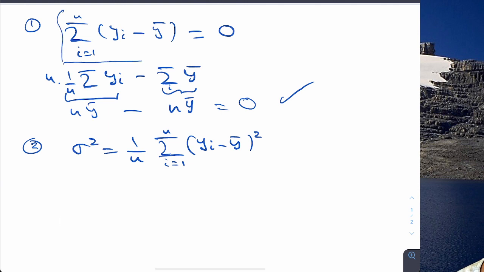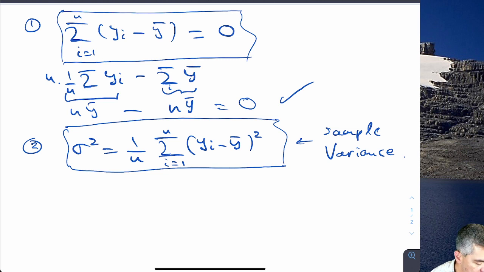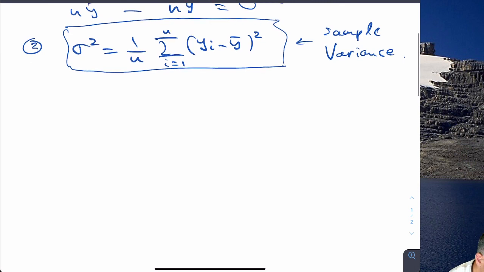So we're going to use these two results. This is the sample variance.